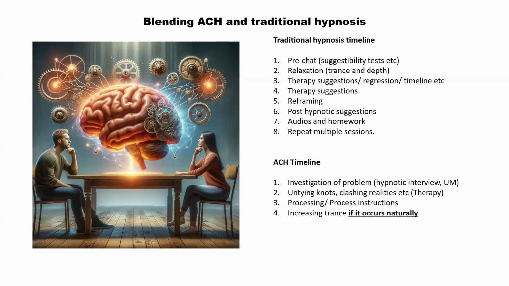We're at step 4 now, and this is the first time I'm talking about hypnosis, if it naturally occurs. Now, what are we saying here? If my client spontaneously, and that's the keyword, spontaneously or naturally, goes into trance as a result of the first 3 steps, I will increase it. I'll deepen it. But if they don't go into hypnosis, I don't care.